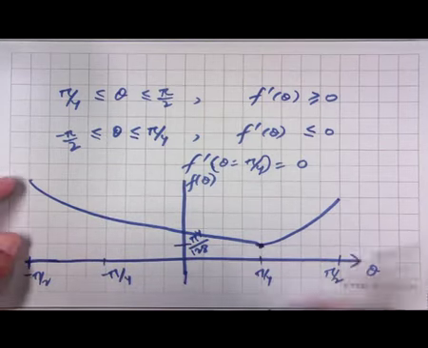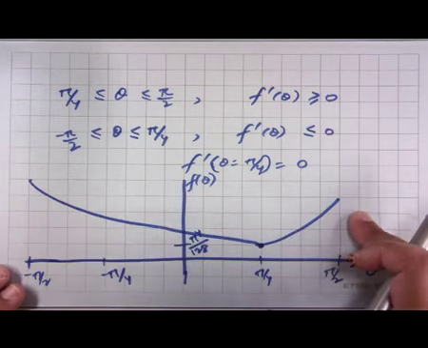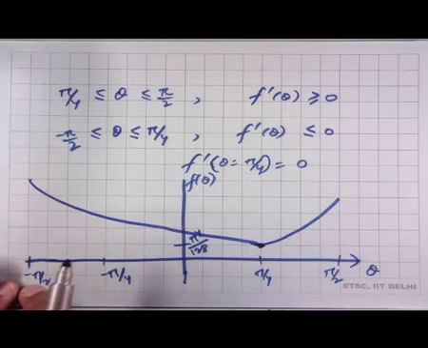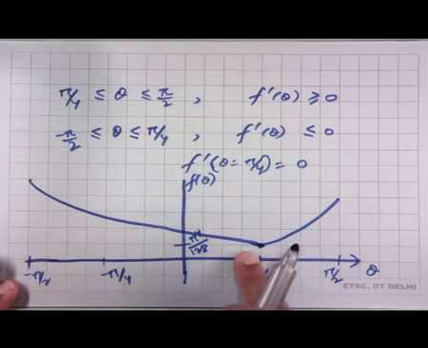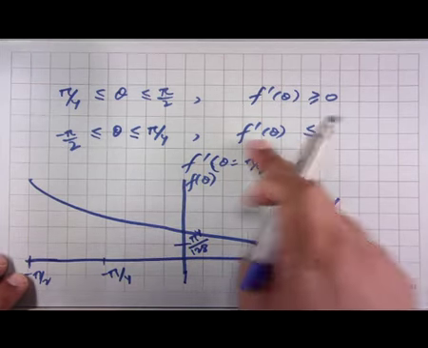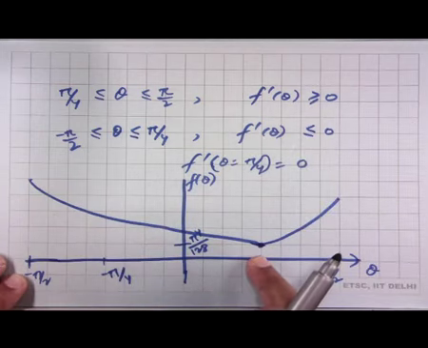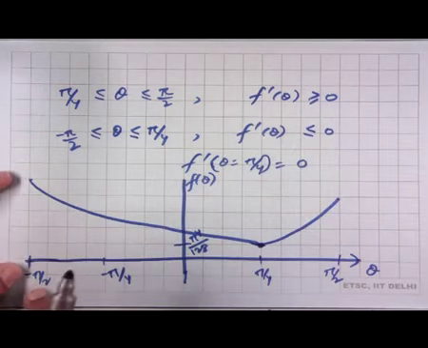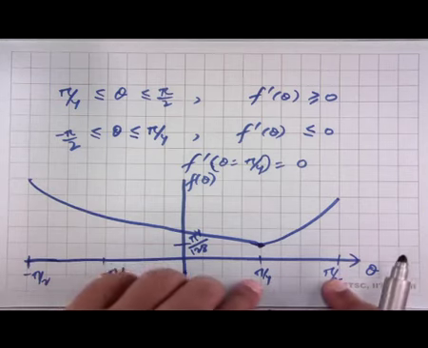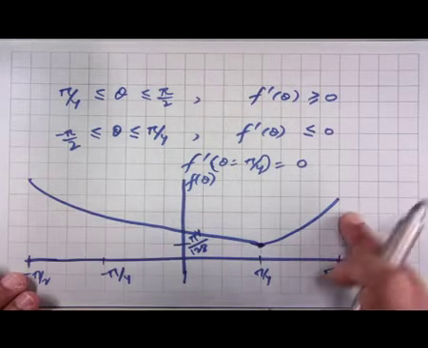Please note that these are not exact values, just indicative, to explain that the function decreases monotonically, because in this entire range the first derivative is negative. So it first decreases monotonically from minus pi by 2 to plus pi by 4, and then from pi by 4 to plus pi by 2 it increases monotonically. So the graph is expected to be something like this.